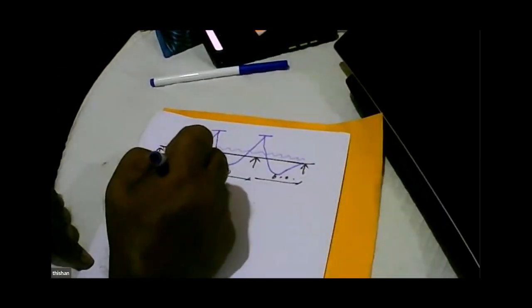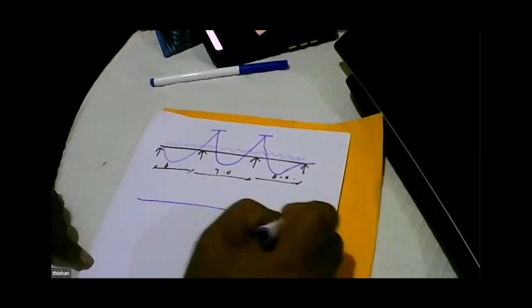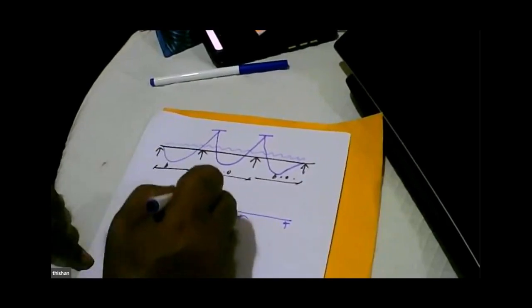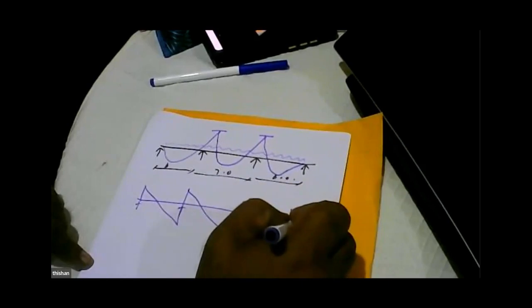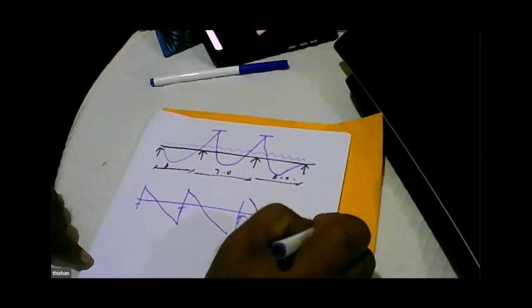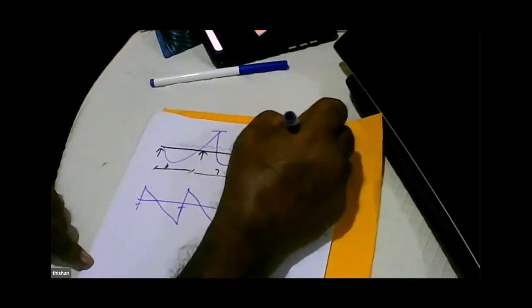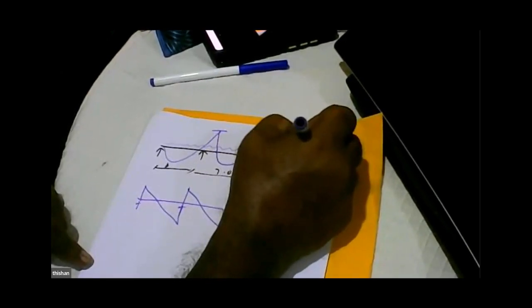These are maximum. But when you draw the shear force diagram, shear is again maximum. So this case 1 governs shear. It governs the bending moment over the support. Okay?